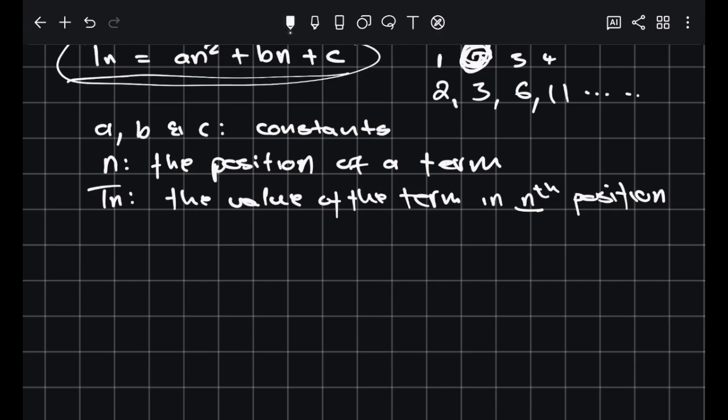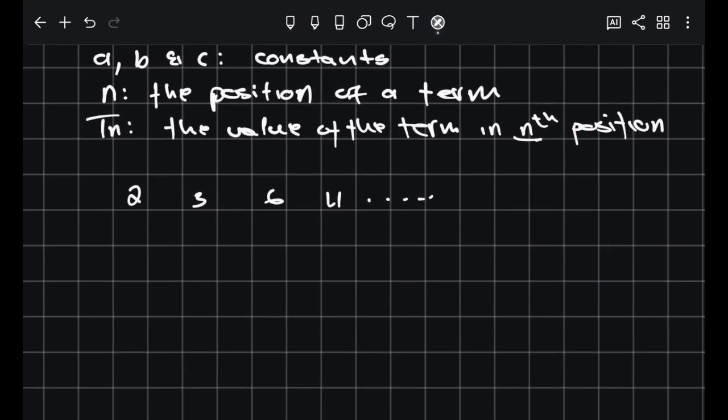So we have the number pattern 2, 3, 6, and 11, and we want to find the nth term or general term of this pattern. Remember, Tn is equal to an squared plus bn plus c.